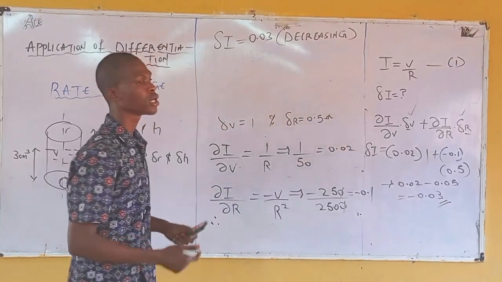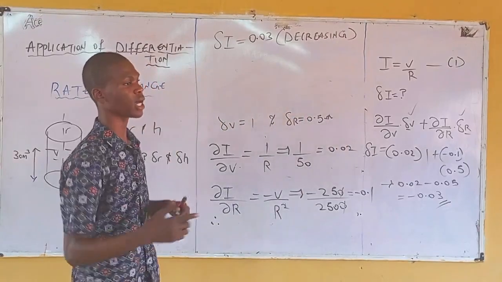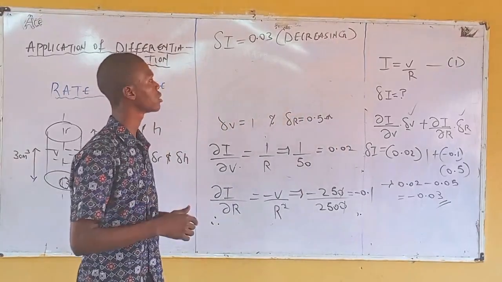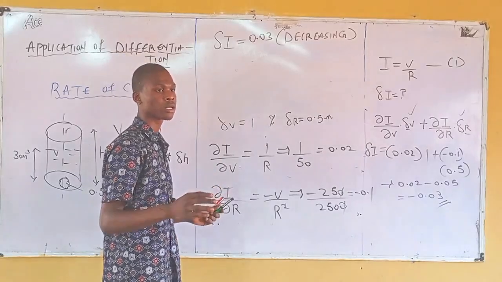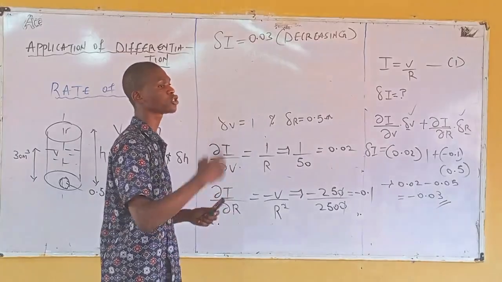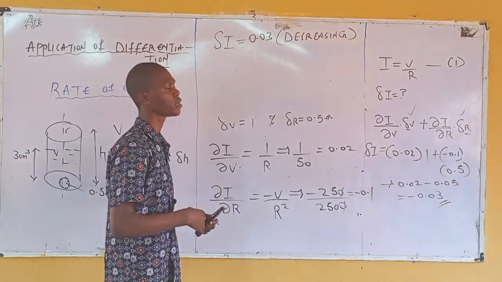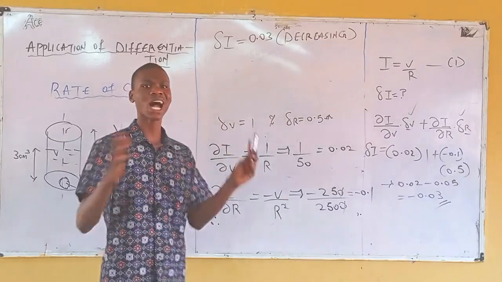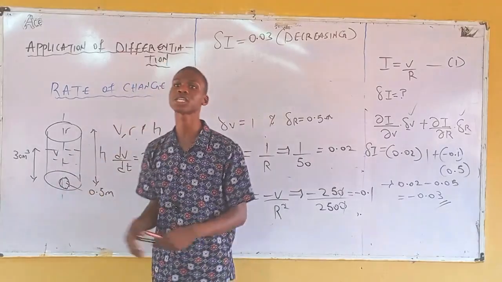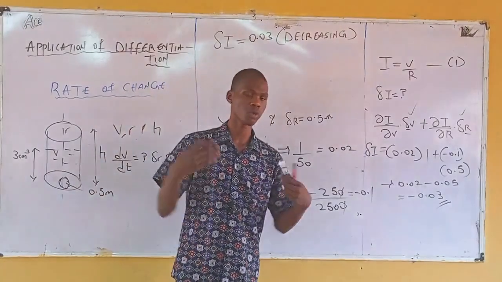Because you got a negative answer. Exactly, the negative is showing that it is decreasing, but the magnitude is 0.03. So this is the idea on rate of change. This is how rate of change works.